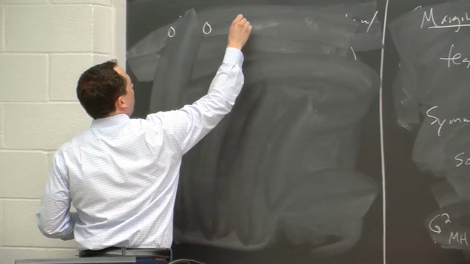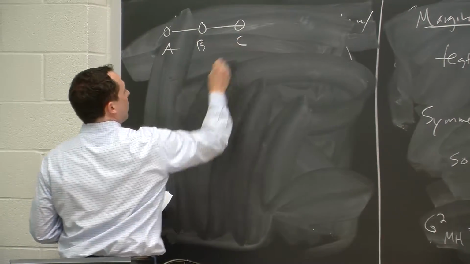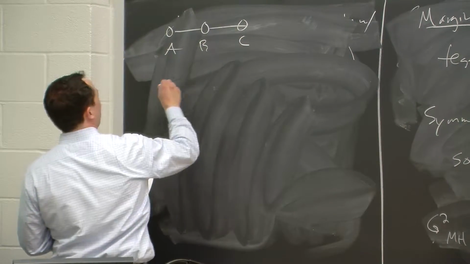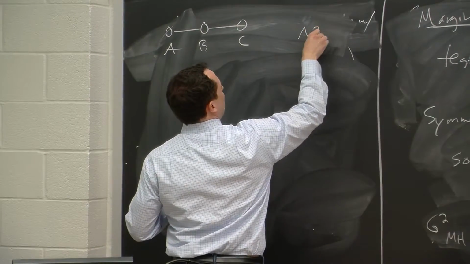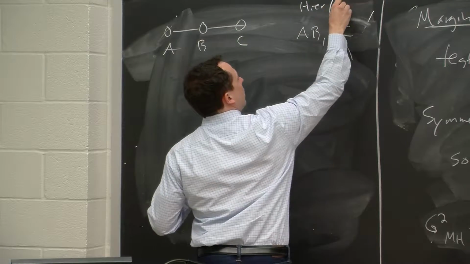So we have, for example, the undirected graphical model that looks like this, A B C, which corresponds to the hierarchical or log linear model AB, BC.